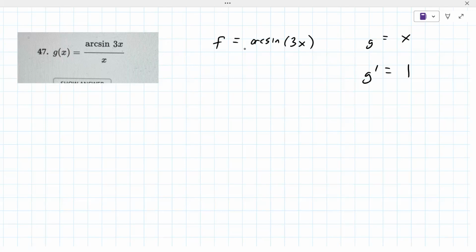Three over the square root of 1 minus 9x squared.